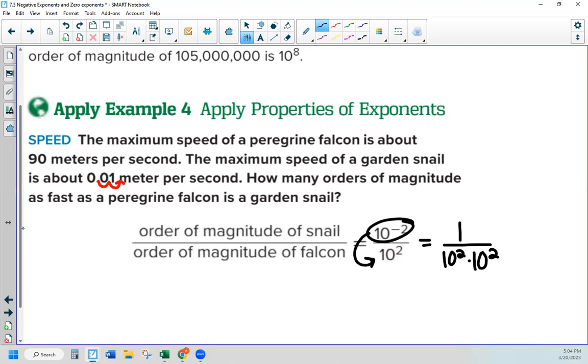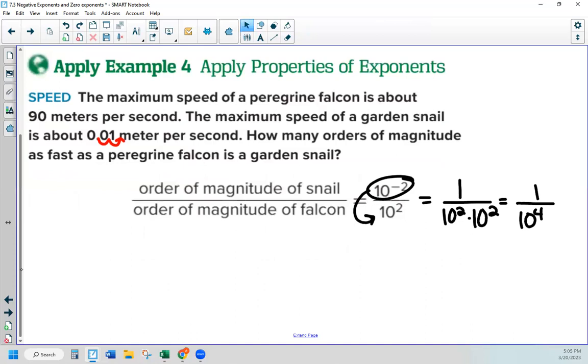How do you calculate this? Well, the way that we calculate this is the same way that we would do with variables. If these were variables, we keep the same base number of 10, and then our exponents will be adding together. So this is going to be 10 to the 4th power.